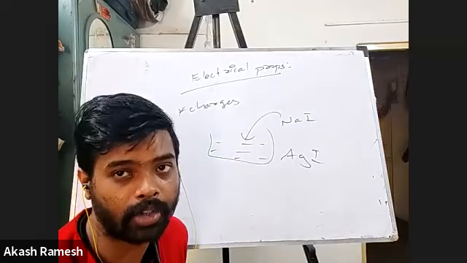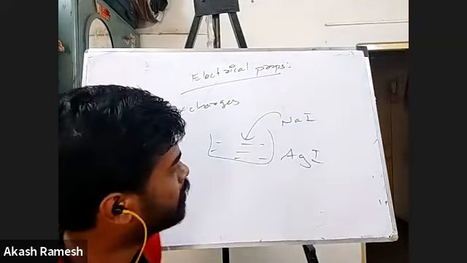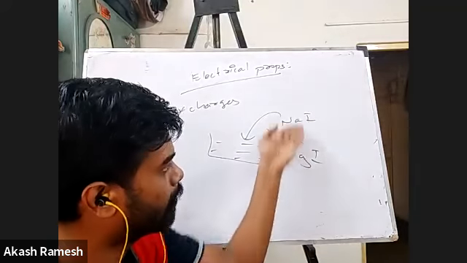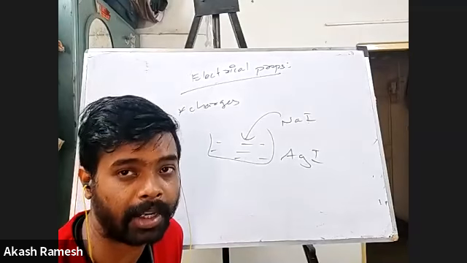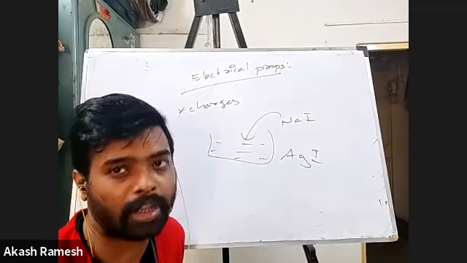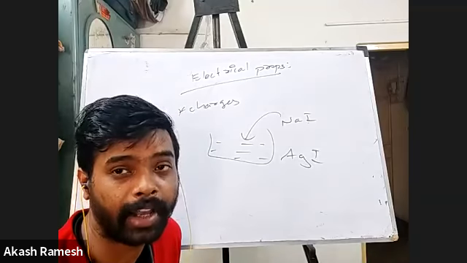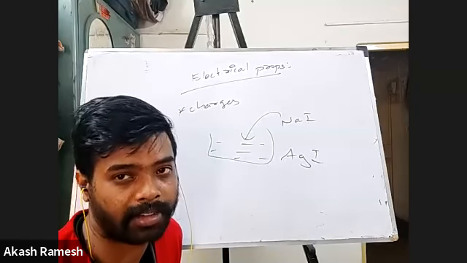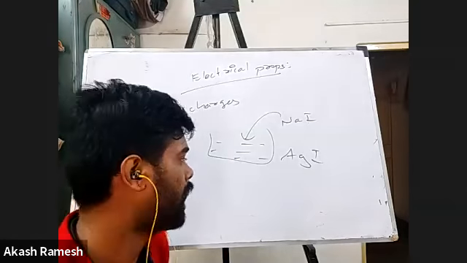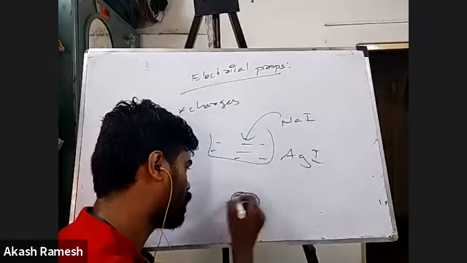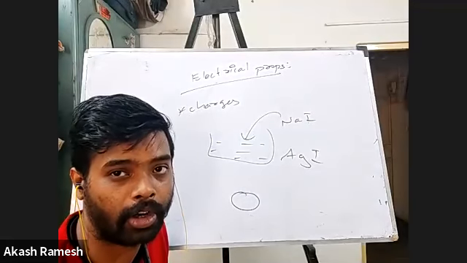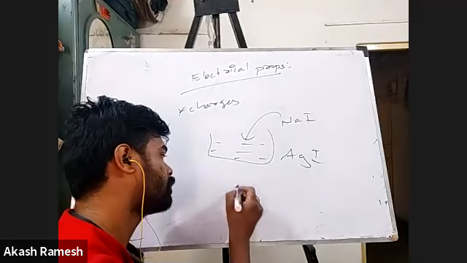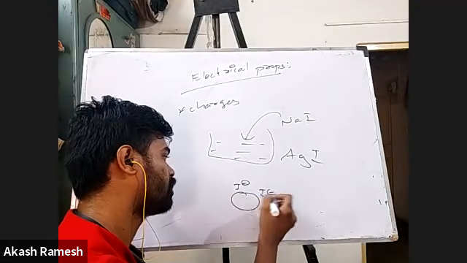Okay. So now what is going to happen is, you see that the common ion here, in both AgI and NaI, is iodide, I minus, right? So I have excess of iodide ion present. Say if this is one molecule of AgI colloid, you will see that there will be so many I minus ions surrounding it.